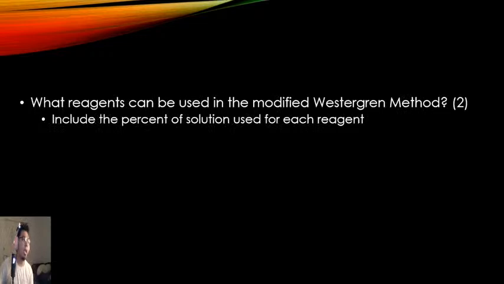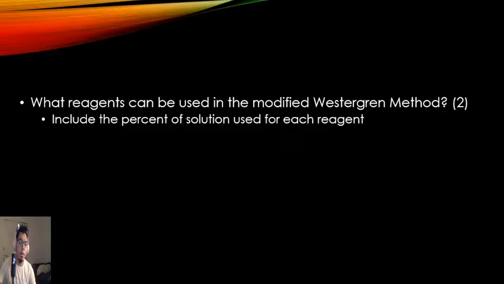Now, what reagents can be used in the modified Westergren? Again, you need several solutions.